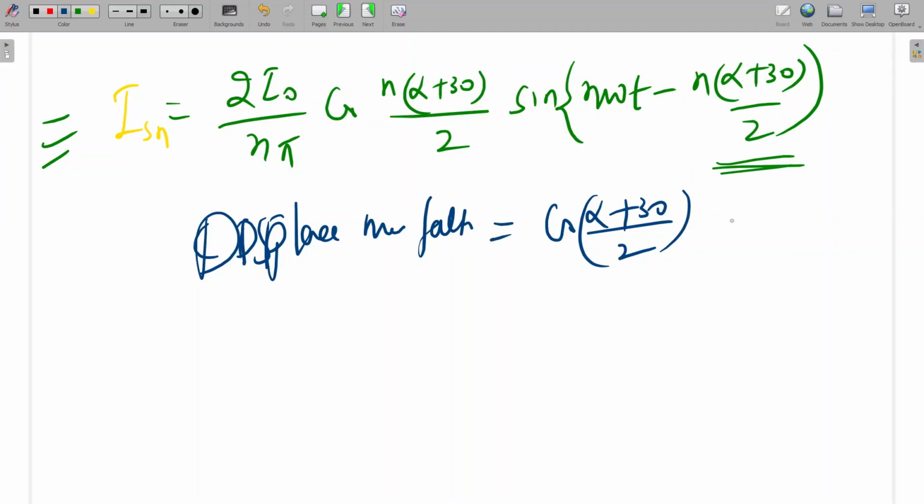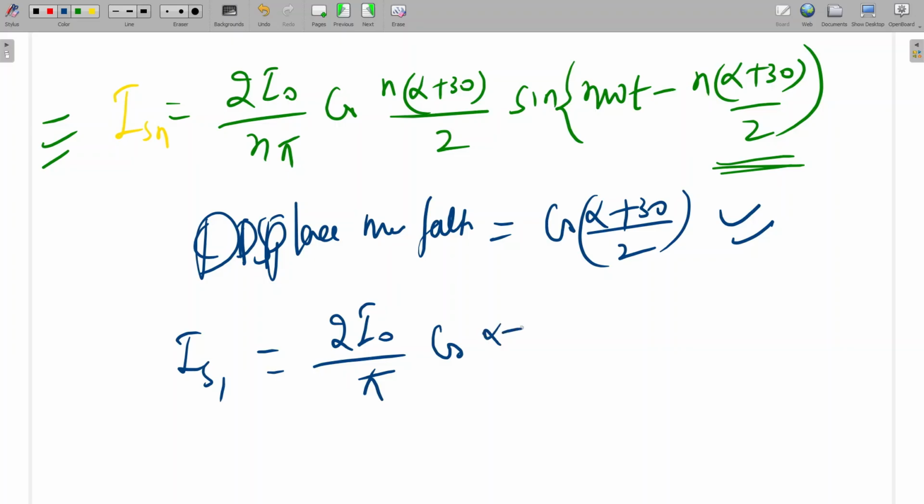Is it correct? What will be I_s1? I_s1 maximum will be 2 I naught upon pi cos alpha plus 30 by 2. Is it clear?